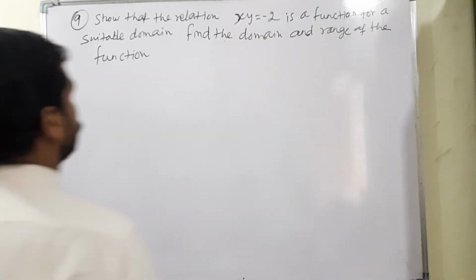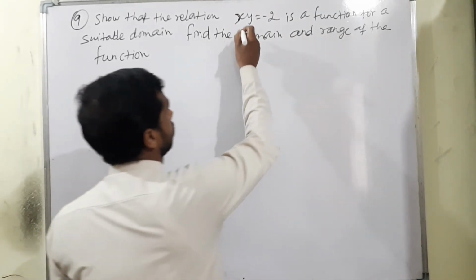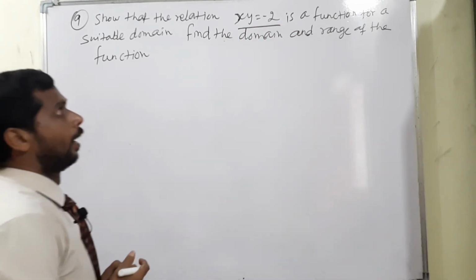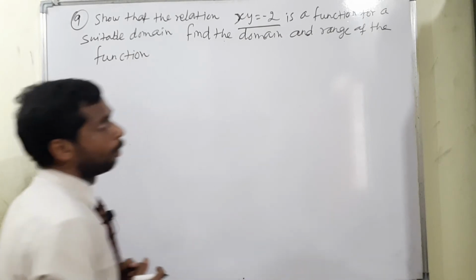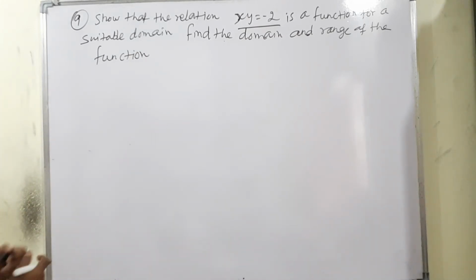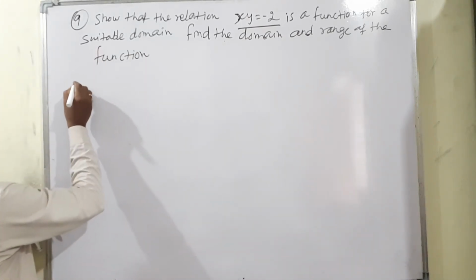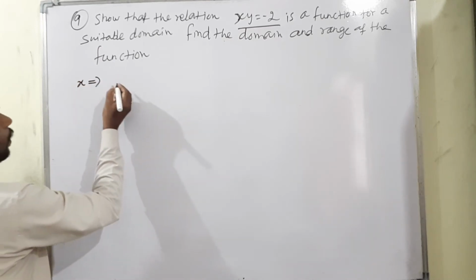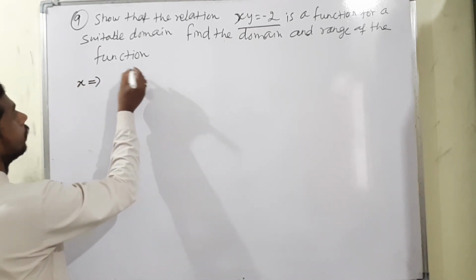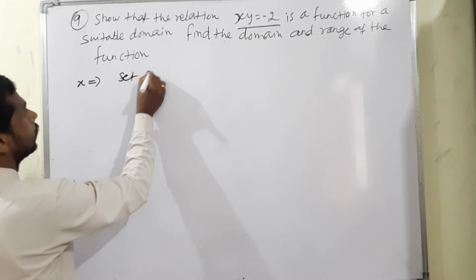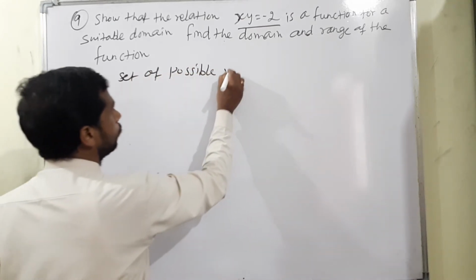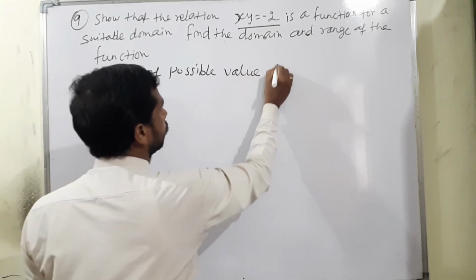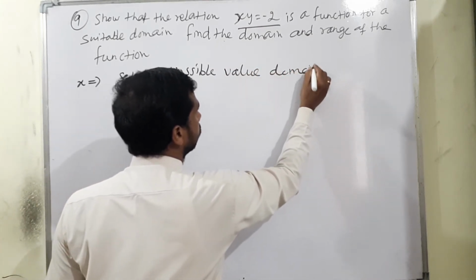Question number 9: show that the relation xy = -2 is a function for a suitable domain. Find the domain and range of the function. First, consider for x the set of possible values, which is the domain.